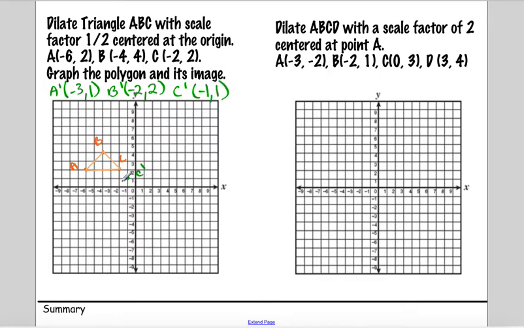So I was trying to describe how you would do it without just doing half of each point. So here's the new C. The new B is at -2,2. So the new B is the same as old C. That's B prime. And then A is going to now be at -3,1. So there's A prime.